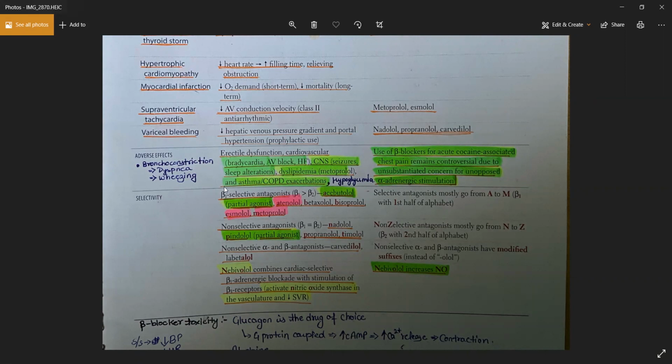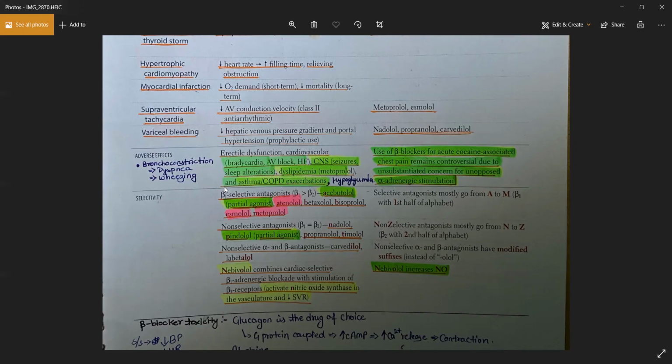So it could be a case of a patient with arrhythmia, right? It could be a case of a patient with heart failure or hypertension, and they will ask you what drug is preferred in these patients in case of asthma or COPD. They will list all the beta blocker agents, and the one you have to choose is the cardioselective beta blocker, not the non-selective type.